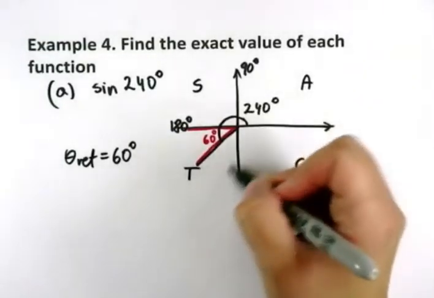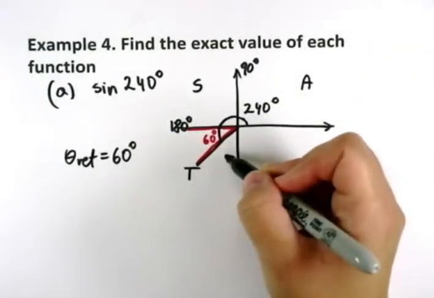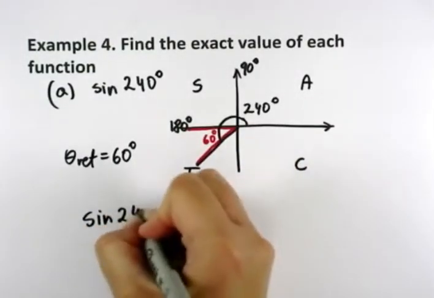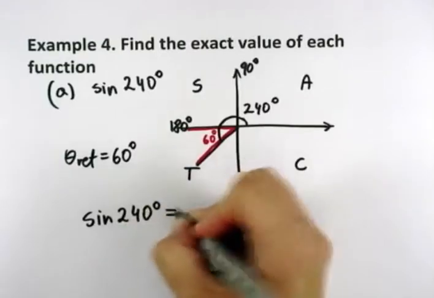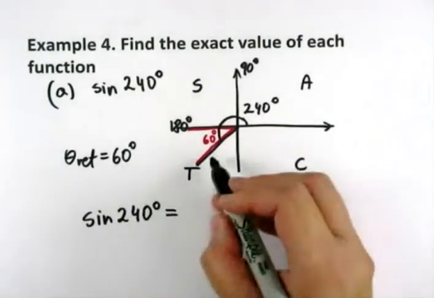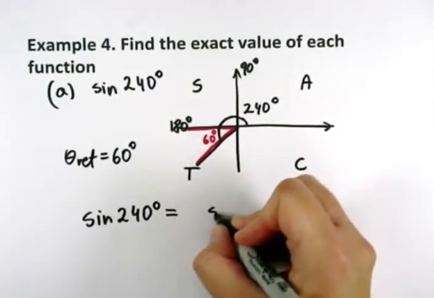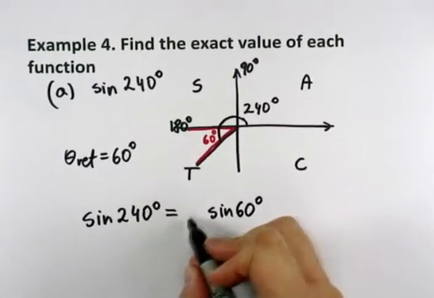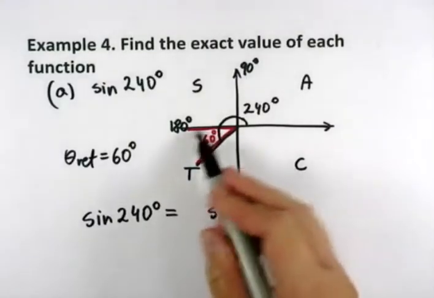In this quadrant, only tangent is positive, so sine is negative. So sine 240 degrees is equivalent to the sine of the reference angle up to plus or minus. So sine 60 degrees plus or minus, depending on which quadrant we are in.